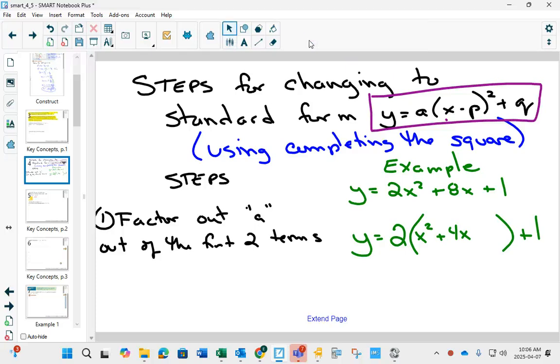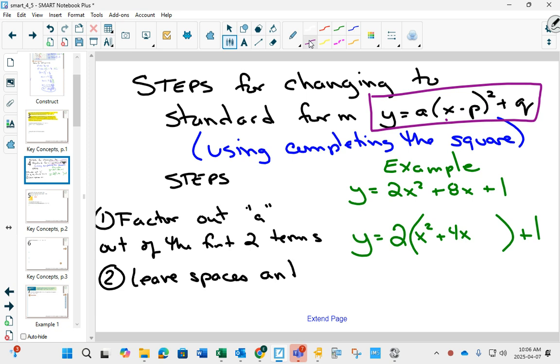Step 2: leave spaces and complete the square. So I'm going to leave a space here and a space here.